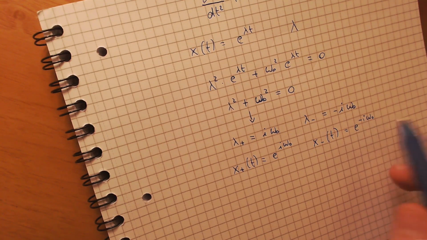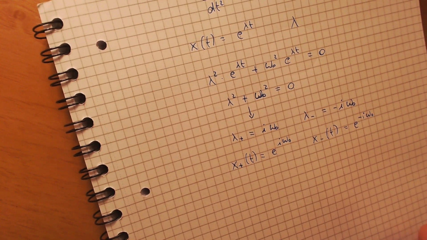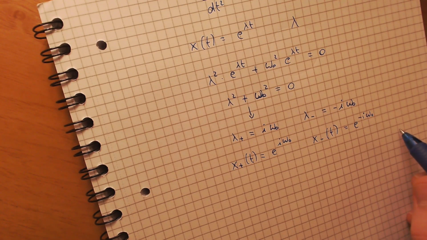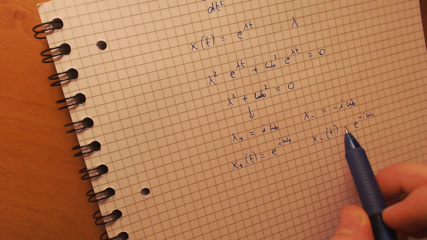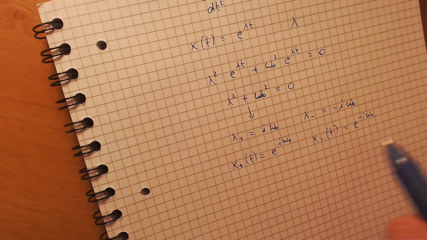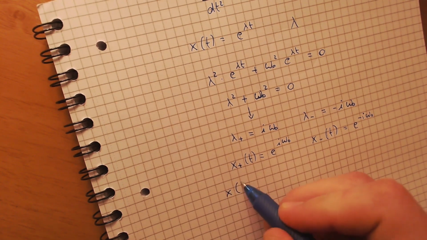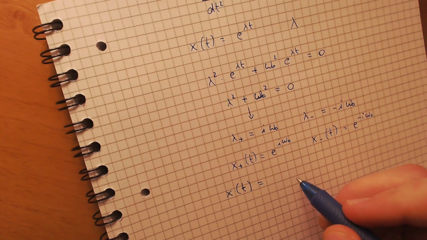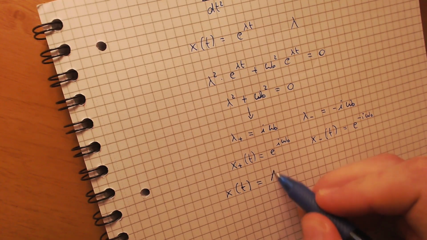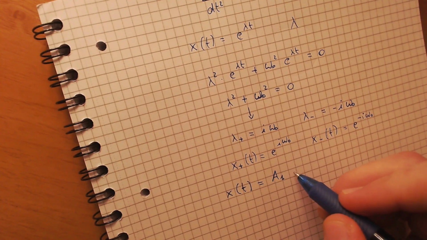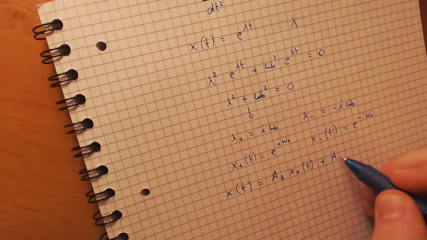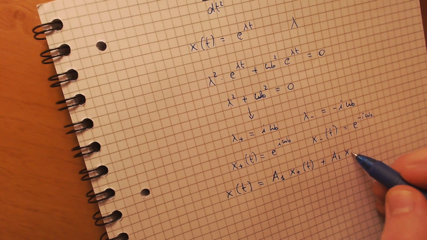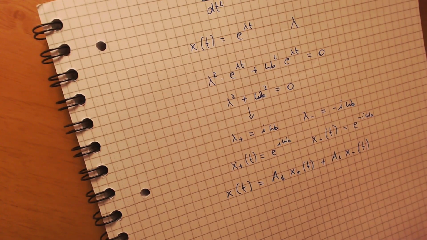So that means that the general solution of our equation, of the harmonic equation, will be a combination of these two functions. So we can write the general solution x as a function of time as a1 x plus of t plus a2 x minus of t.